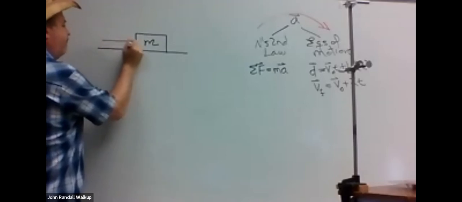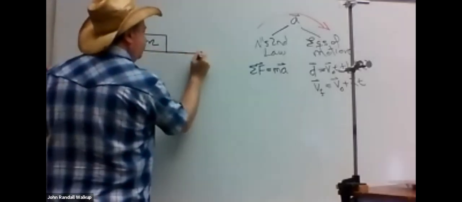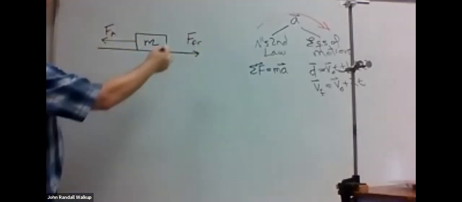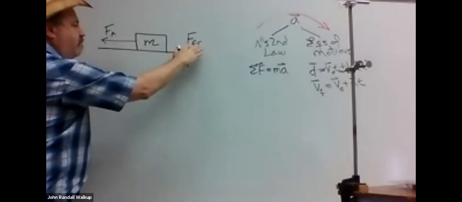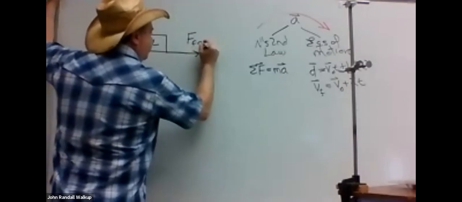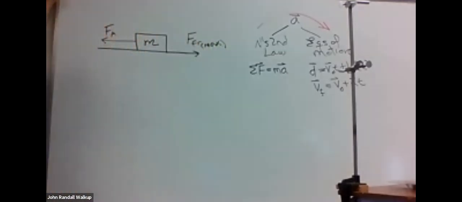And I apply a force here. And I'm going to get a certain force back. And the question is, what determines how big this thing is? And by that, I mean, what determines the maximum value that this thing can take on?